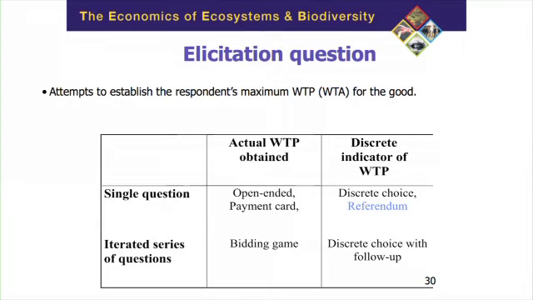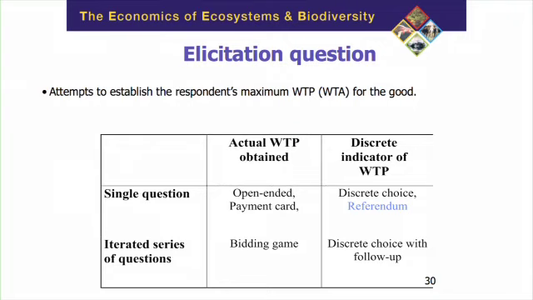So that's discrete choice. There's then what's called a referenda. So rather than stating, are you willing to pay a certain amount, you frame it within a referenda vote. So you say, would you vote for improving biodiversity in Yale Forest if that policy was going to cost you $2 in increased taxation?